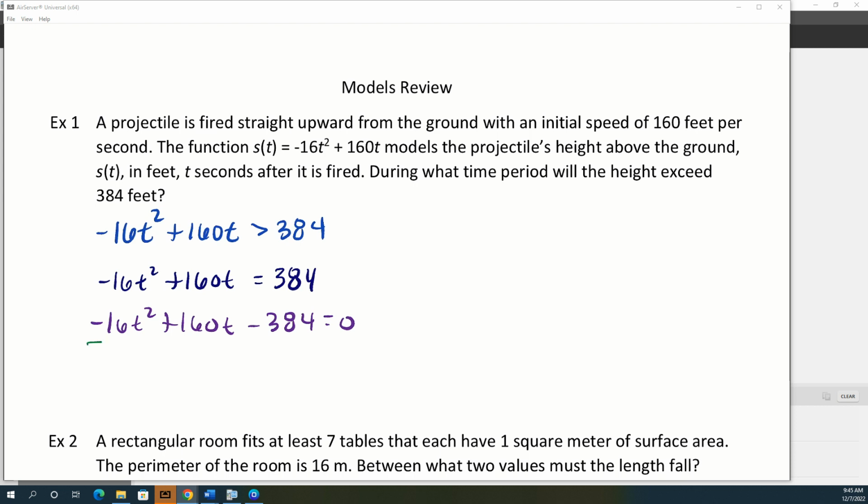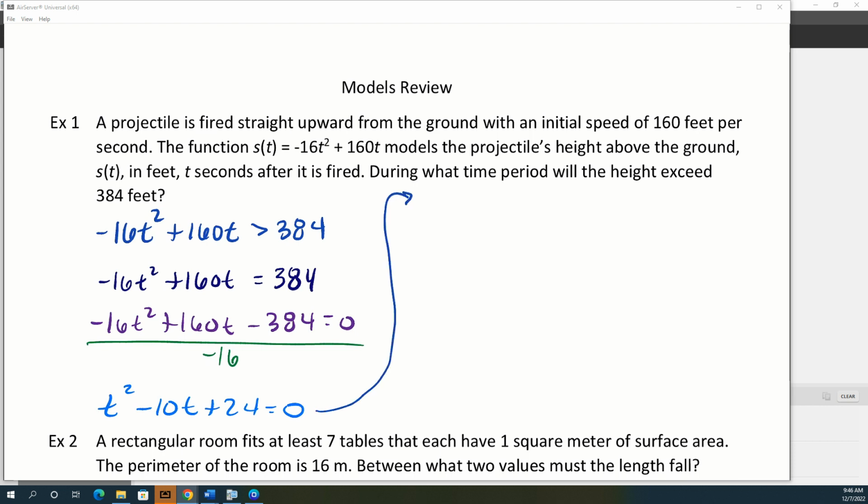In this one, 16 divides evenly into everything. So I'm just going to divide through by negative 16. And then that gives us a pretty easy equation to solve by factoring.